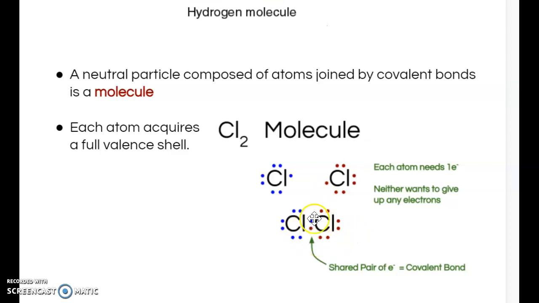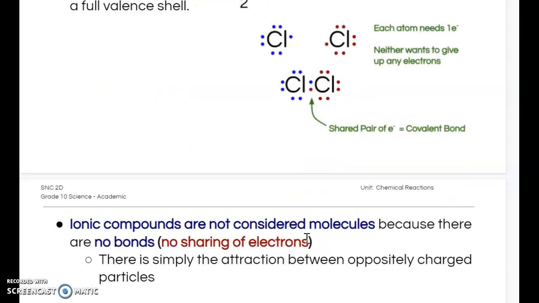So they share this pair of electrons to equal a covalent bond. Each atom needs one electron. Neither wants to give up an electron because the electrons are so attracted to the nucleus that they say, you know what? Let's split the difference. Let's share this one electron, and now we're both happy, and now we both look like a noble gas, and we're looking good. And now we're stable.